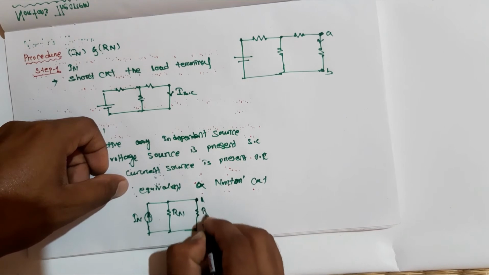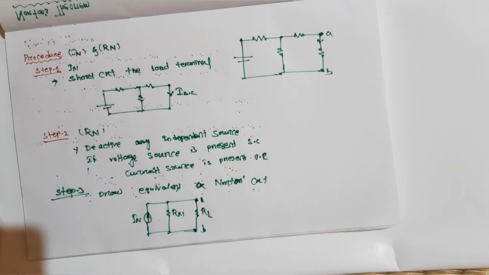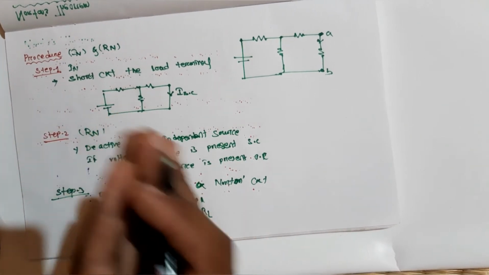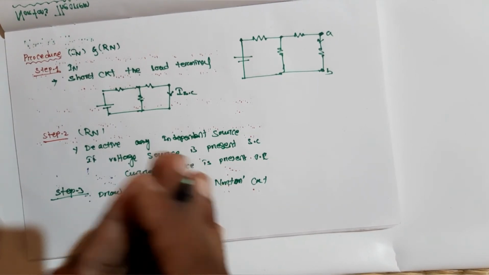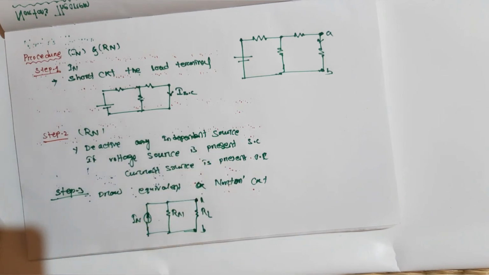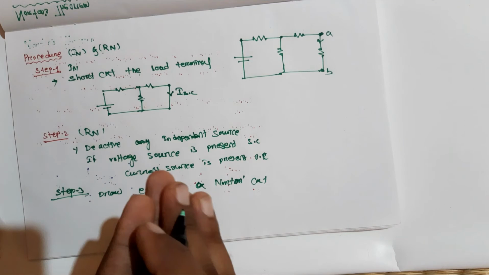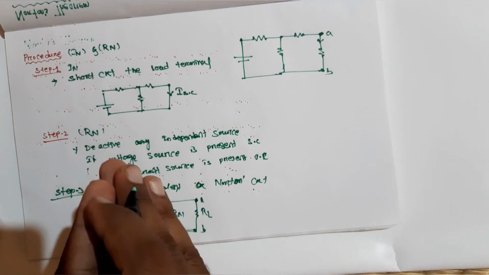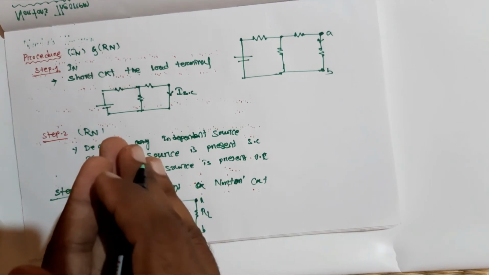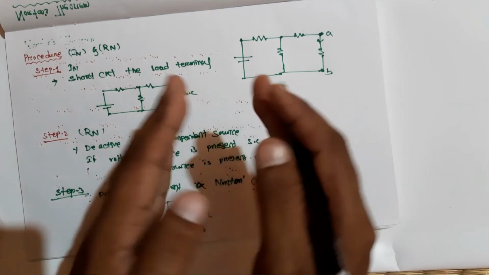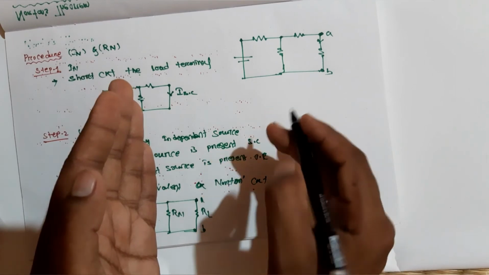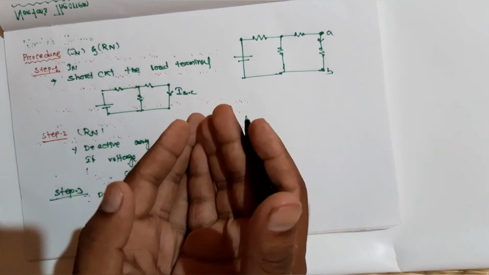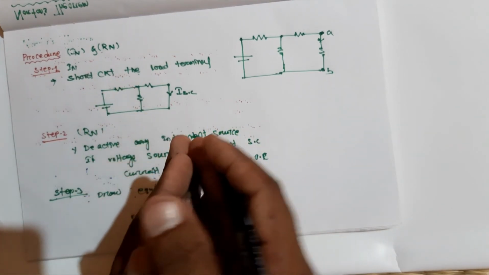In Thevenin's theorem we find the Thevenin voltage. In Norton's theorem we find the Norton current. But a Thevenin equivalent circuit can be converted into a Norton equivalent circuit by the source transformation technique.